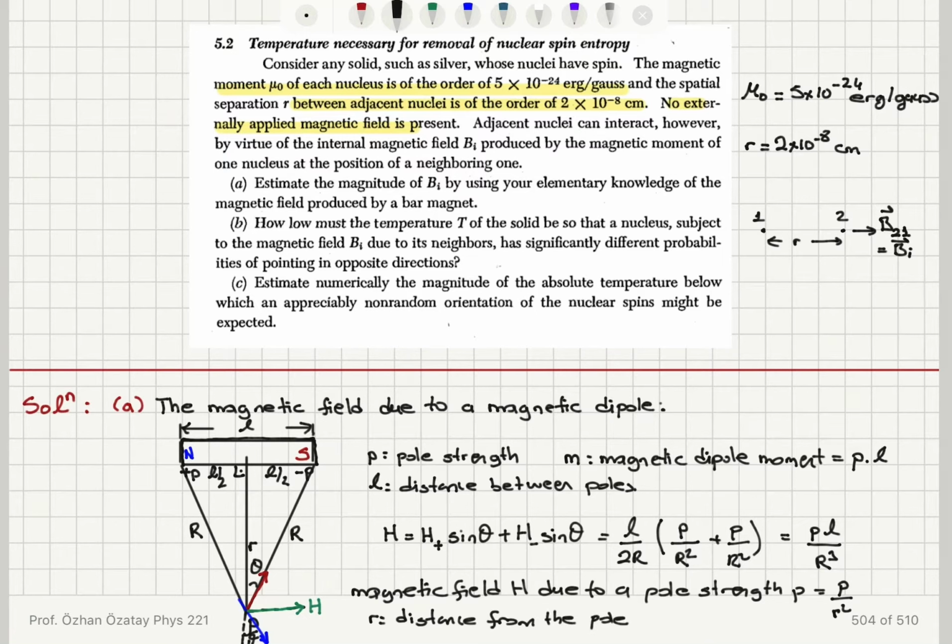So this is all in CGS. You can see that this is the magnetic moment M divided by R cube.